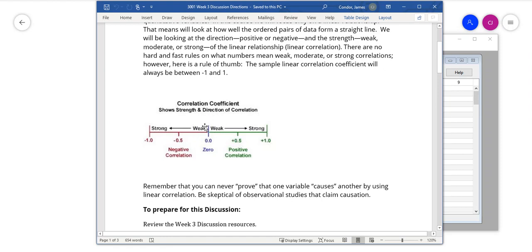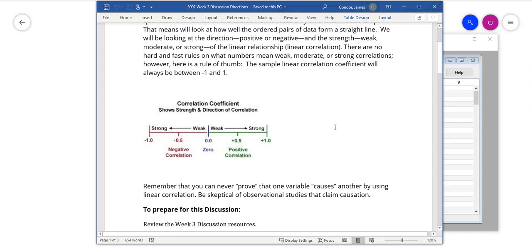We consider those weak correlations. When you get out more into the middle, around 0.5 or -0.5, those are considered moderate correlations. And when you get up close to +1, or way on the other side, close to -1, those are considered strong. So you can have a strong negative correlation. You can also have a strong positive correlation.